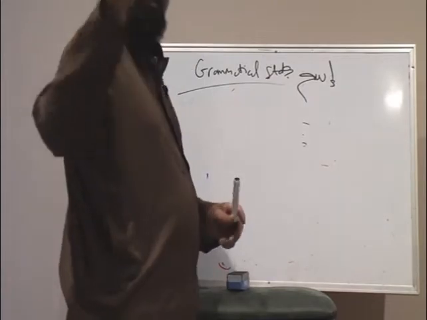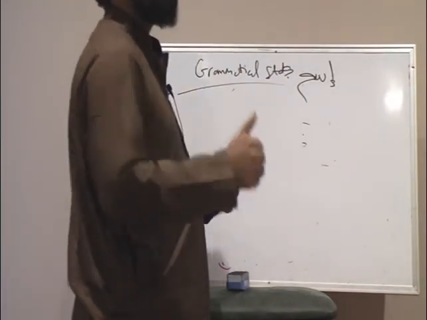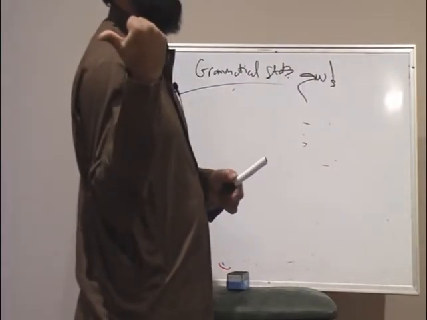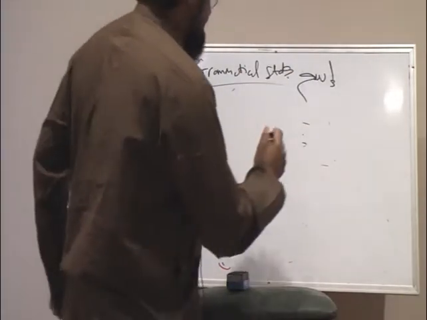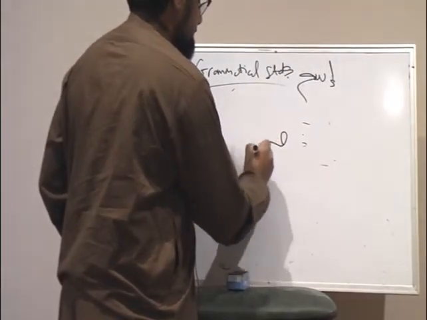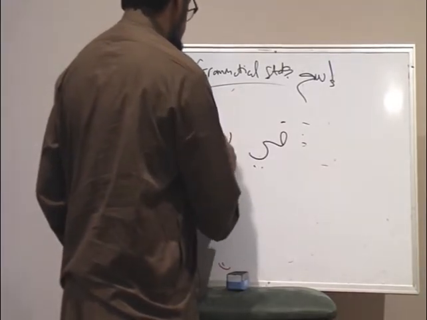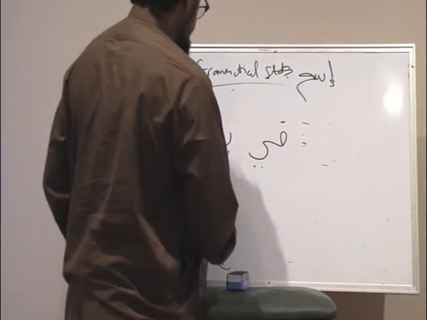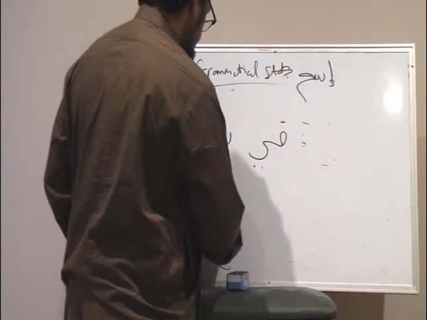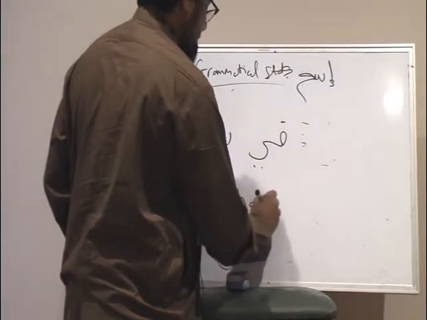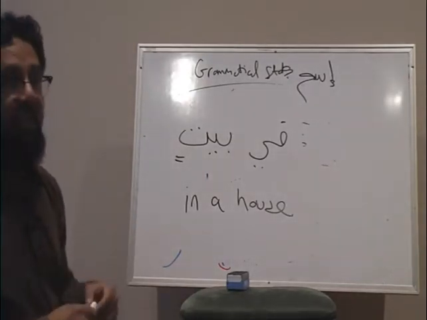So jar is the third state that we talked about. And jar, we said, was reflected most times with a kasra. The example here would be something like fi bayti, so let's say fi baytin, in a house. Fi is a harf, a preposition.